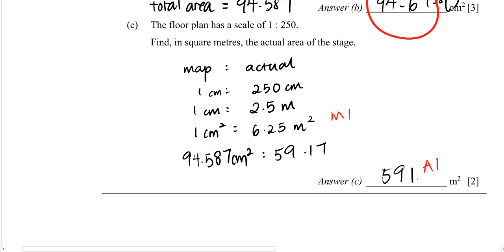You get 591. Oh, so this dot is not supposed to be here, is it? Okay, 94.587 times 6.25. 591. This dot shouldn't be here. 591. Here you go. 591.168. So the answer is 591.